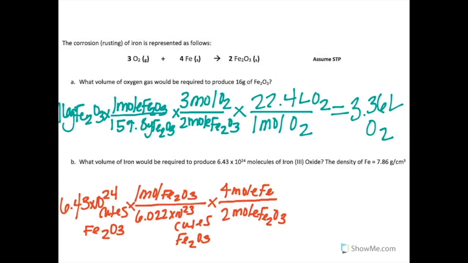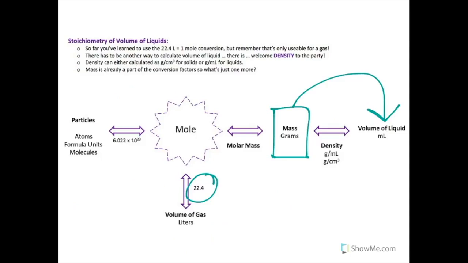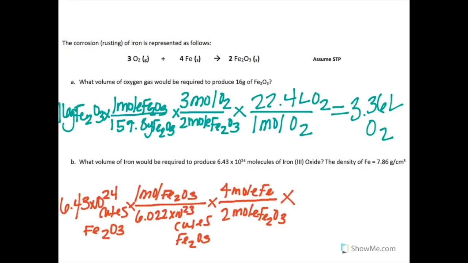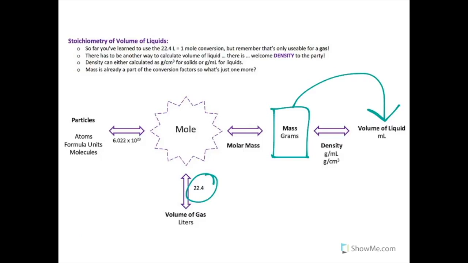Now that you have the mole-to-mole ratio, what do we do next? Remember, based upon the schematic from the first slide, we now are sitting at the mole. So next we're going to convert to the molar mass, or grams. We know that we have 1 mole on the bottom of Fe, or iron, and the molecular weight of iron is 55.9. So we place 55.9 grams of iron on top. Remember, here now we're at the point where we have the mass in grams.